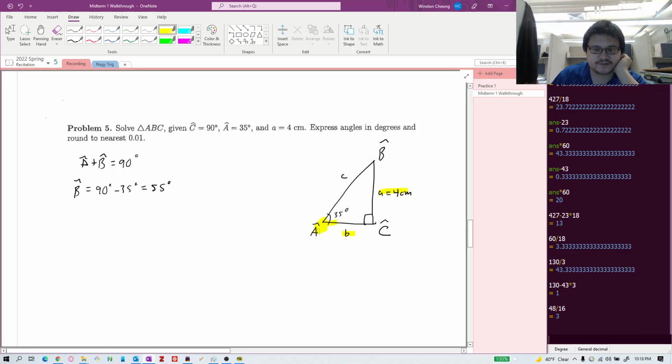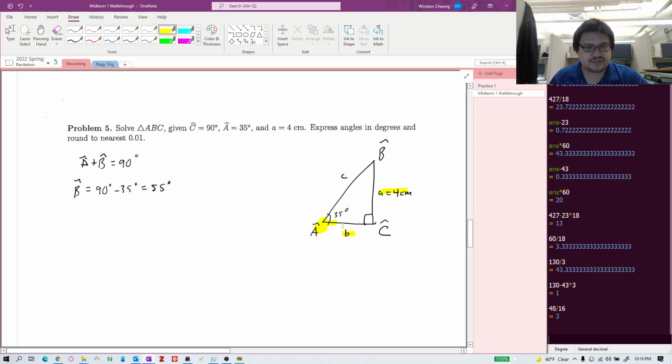With respect to this angle, this guy is the opposite side. This guy is the hypotenuse. And so you have to think what trig function relates opposite, or not hypotenuse, did I say hypotenuse? Opposite and adjacent. Sorry, I'm tired. Opposite and adjacent. So you have to think which trig function relates these two.